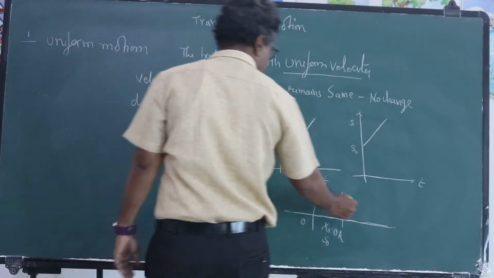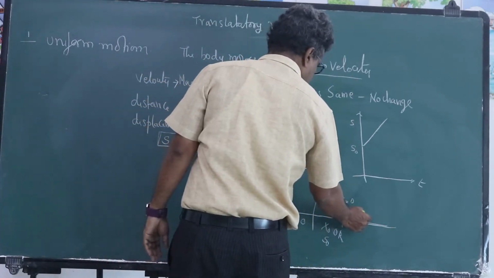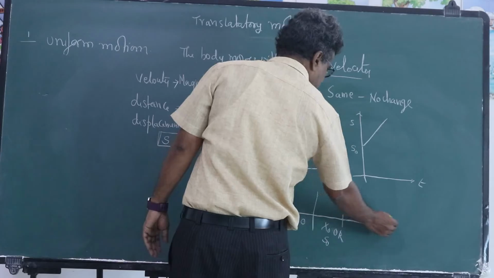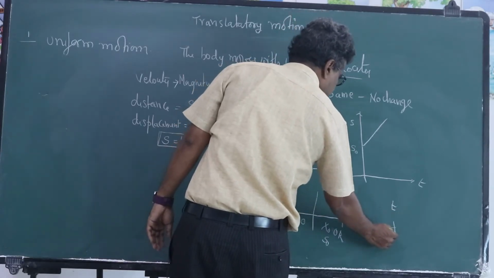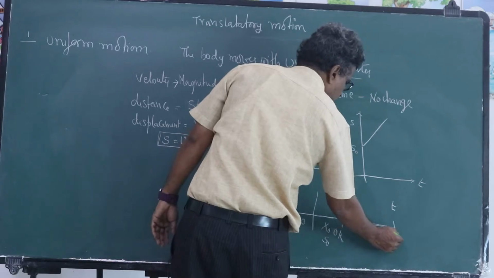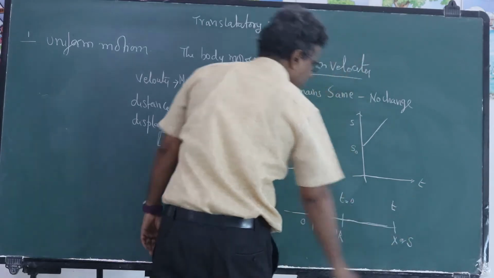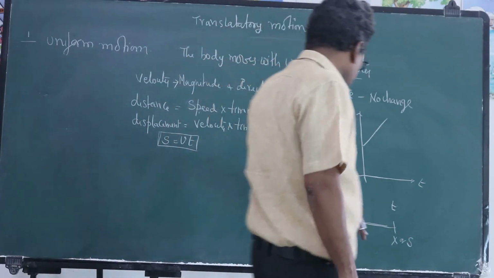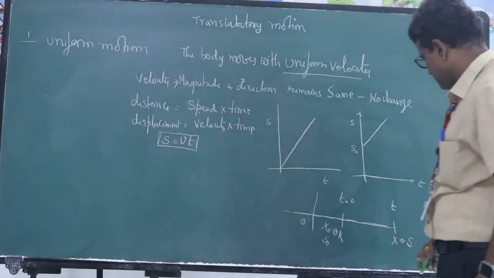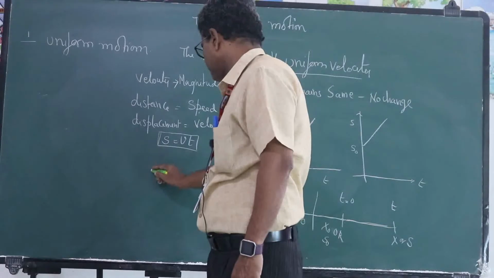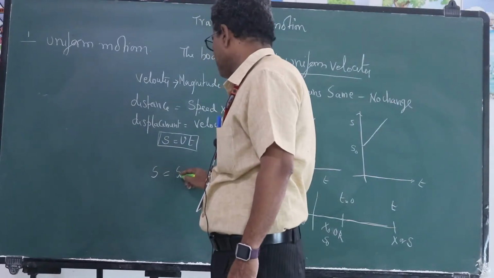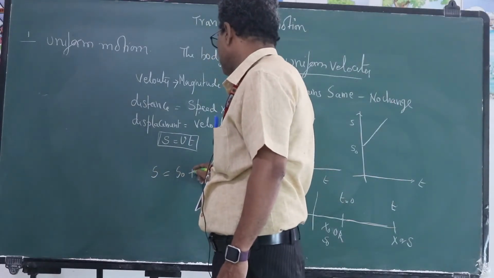So what is the distance after t seconds? Let x be the position of the particle after t seconds, x or s. So what is the mathematical equation here? For this diagram, s is equal to s0 plus vt.